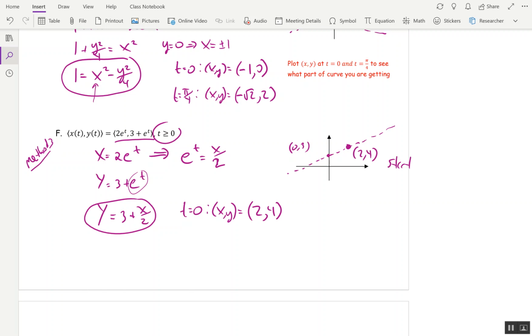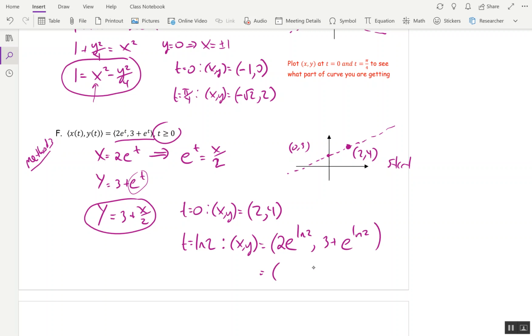And now to figure out whether I'm going left or right, pick a number bigger than 0. Now I could pick 1, but then I'll have e's in my coordinates. So I'm going to pick something like ln2. ln2 is bigger than 0, and so x comma y is 2e to the ln2, 3 plus e to the ln2.